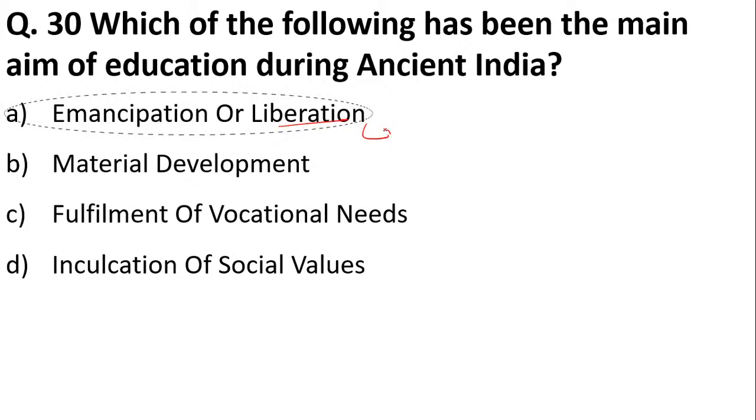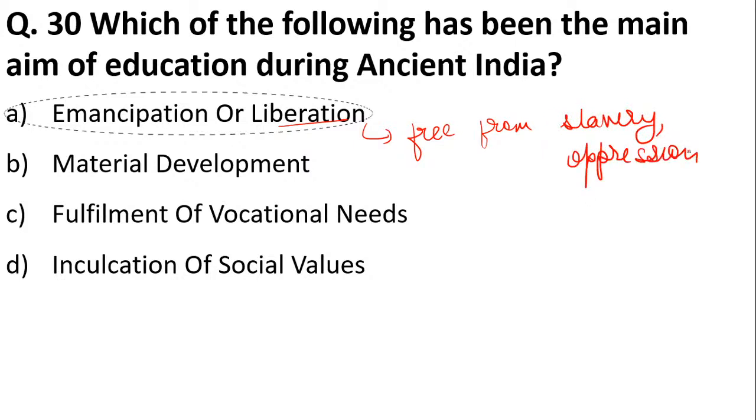It is freedom from oppression, suppression, or slavery. That is liberty. So during ancient India, the aim of education was emancipation or liberation.